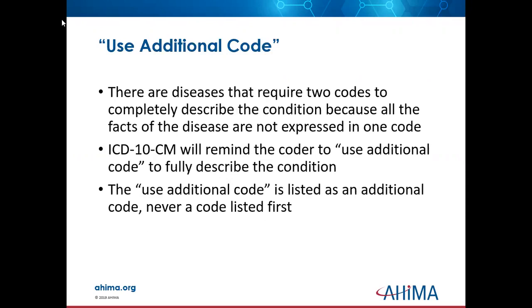Use additional code means that there are diseases that need two codes to fully describe what's going on. And the code books and the tabular will remind you to use additional code to fully describe the condition. Anything that's listed as a use additional code is always going to be additional. In other words, it will never be coded first.